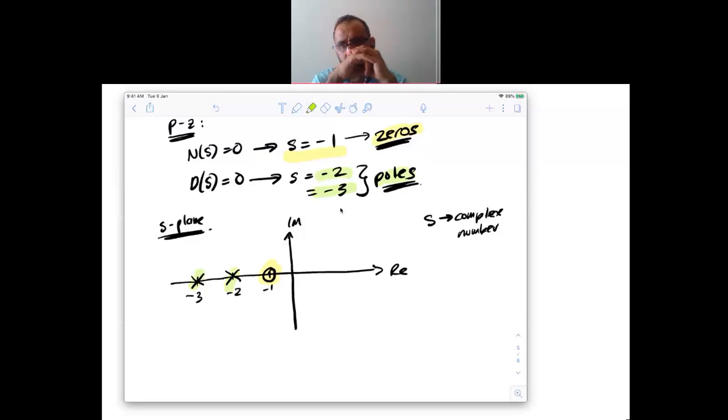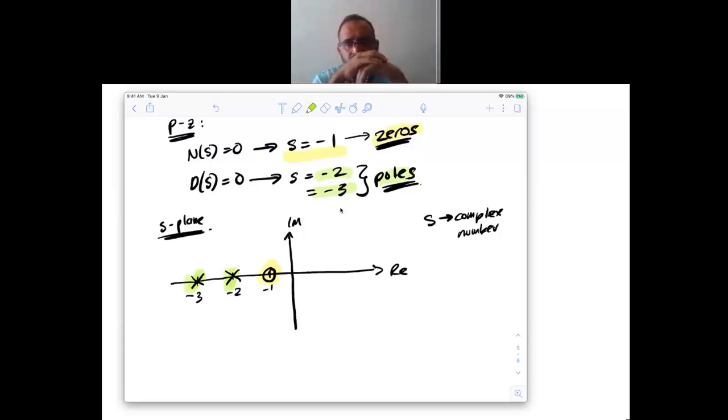In the case of stability, the value of zero doesn't play any role. It doesn't matter. It will affect your response, whether it is fast or slow, but it does not affect your stability. The one that affects your stability is your poles. You know just now, isn't it? With s plus 2, it's going to give you a negative exponential, right?